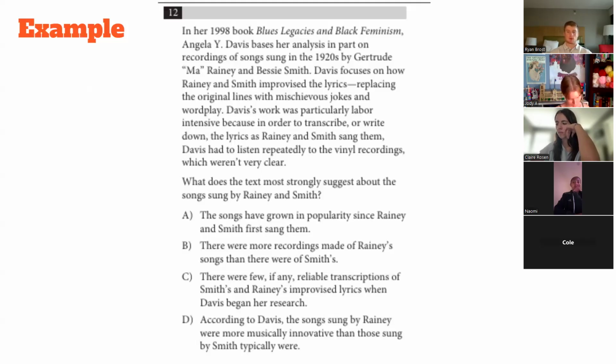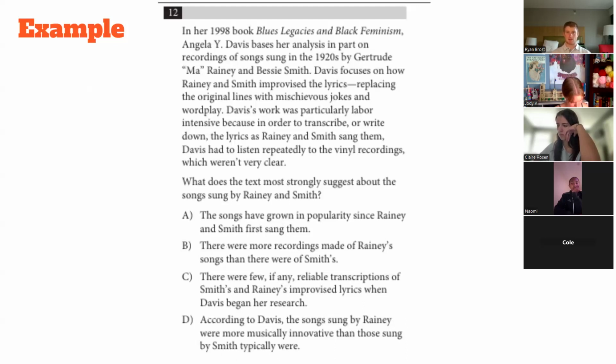Okay. For this one, it would probably be C, just because all the other ones are kind of comparing the two, but he never really says anything comparing them. Like B and D: there were more recordings of Rainey's songs than of Smith's.